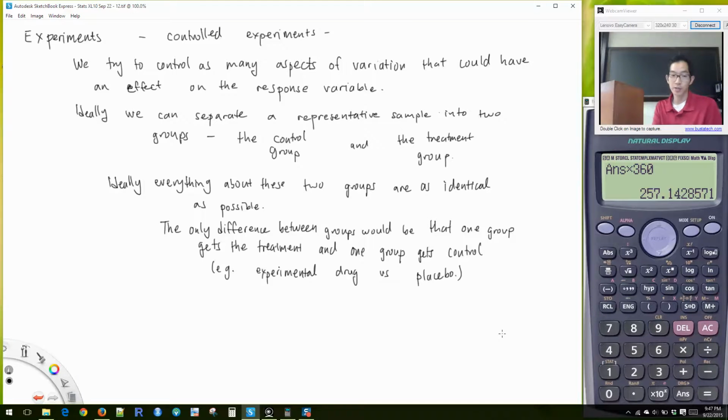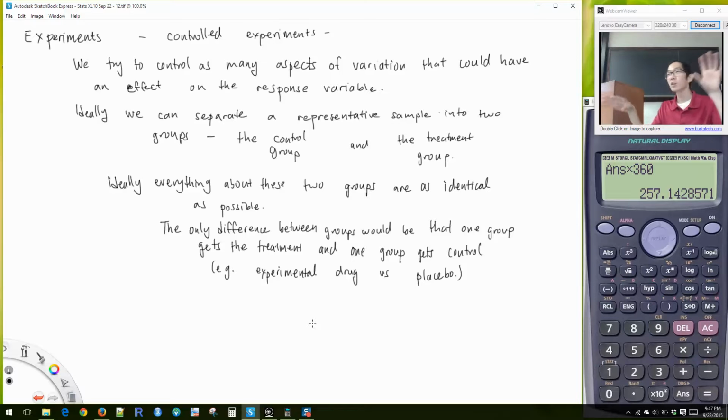And so if you're going to do a controlled experiment with the diabetes drug, ideally you would have two groups representative of the population, and you control as much as you can. You would say both groups, you're going to have the same diet. You're going to eat the same things. Both groups, you're going to do the same amount of exercise. Both groups, you're going to get the same amount of sleep. Both groups, you're going to have the same type of work, right? You're going to have the same amount of stress, etc. You're trying to control as much as you can, with the exception, this group, you get the experimental drug.